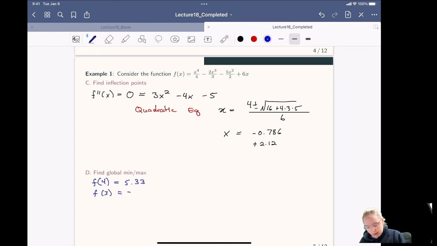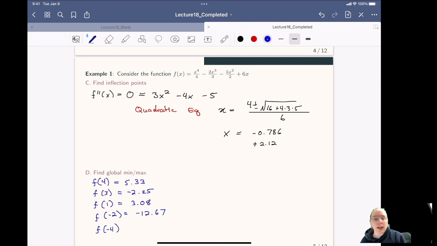This is minus 2.25. We have f of 1, which is equal to 3.08. Then we have f of minus 2 is equal to minus 12.67, and we have f of minus 4.